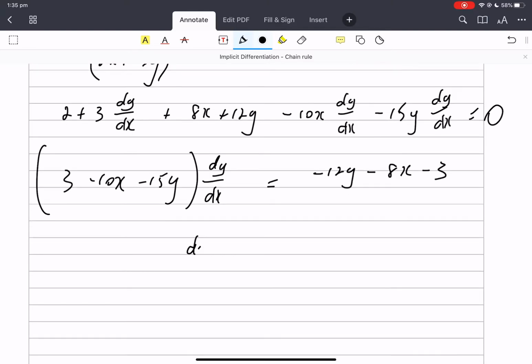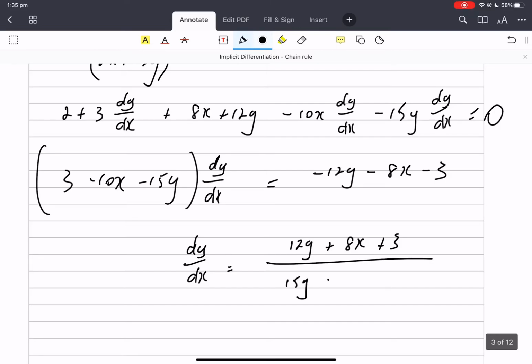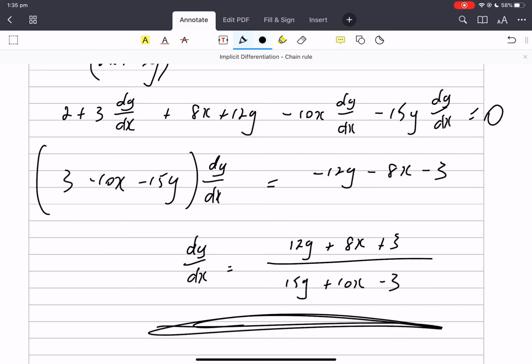And then I don't really want all those negatives, so how about factor out the negative and then make everything over here, just put that negative into that bracket. There we go.